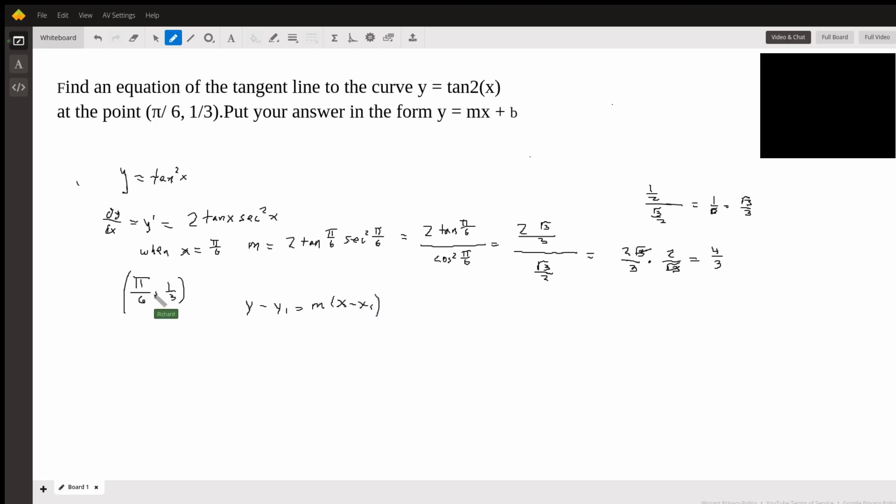The x1, y1 is the coordinates of the point. So we're just going to plug in now. So y minus 1/3 is equal to, we already found the slope is 4/3, x minus pi over 6.